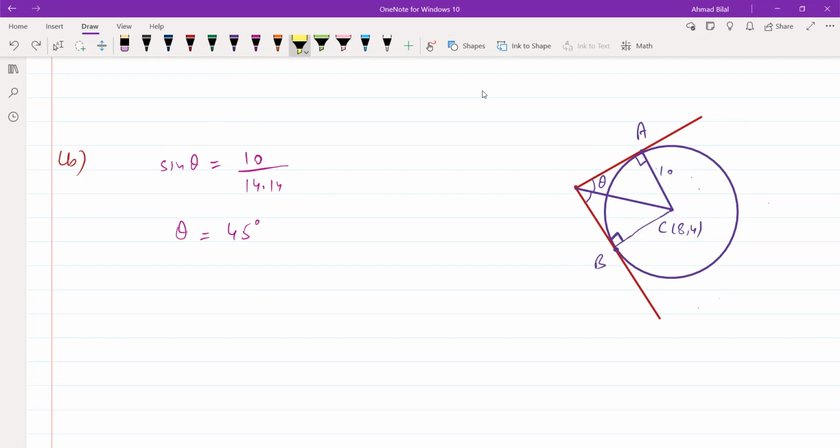There are only two possibilities. Either it's a rectangle or it's a square. But since we know that this is 10 and this is also 10, so the adjacent sides are equal, that means it's a square. Is that okay? Is that okay to everyone?